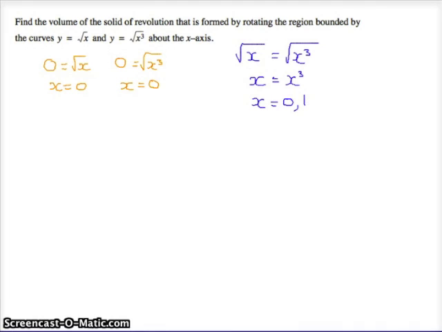So let's sketch this and see what it looks like. It's quite different from our last looking curve. Okay, let's choose this color for our y equals square root of x. This kind of looks like this. Y equals square root of x. And choose another color for the other curve, which is y equals the square root of x cubed.